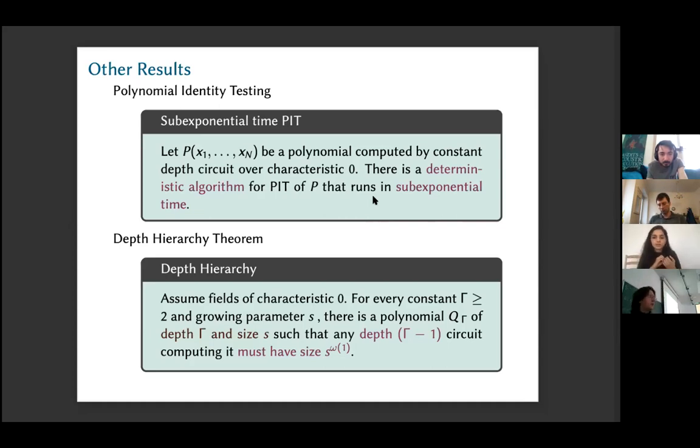Aha, okay, so it would be like n to the square root d, and there will be some factors depending on delta, the depth of the circuit. Yes. The dependence on delta is like some constant to the delta.